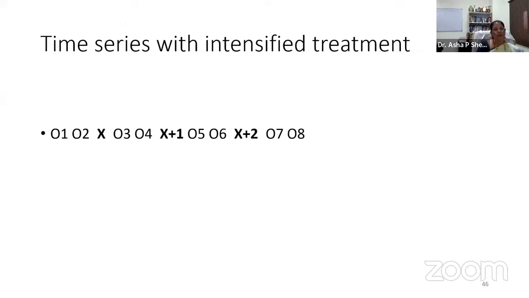Further, there is intensified treatment. For example, after two observations there is the intervention, then observation, then again an intensified treatment, with one additional intervention along with the planned intervention, again the observation, and again the intervention. So the intervention is intensified beyond what is usually given the first time.